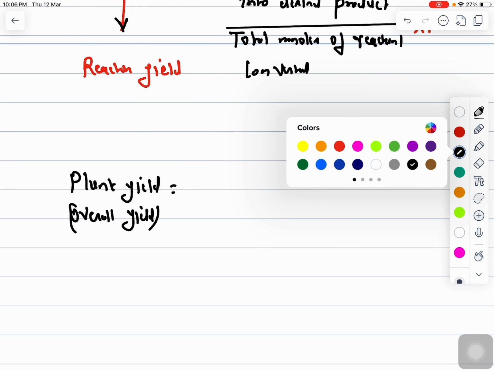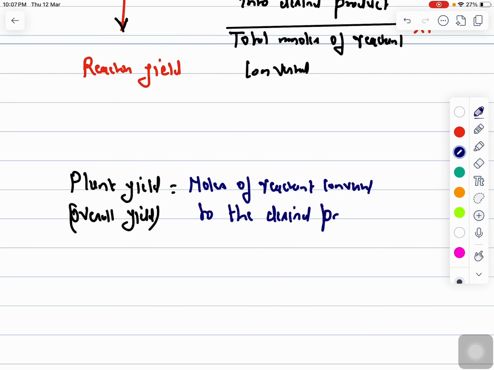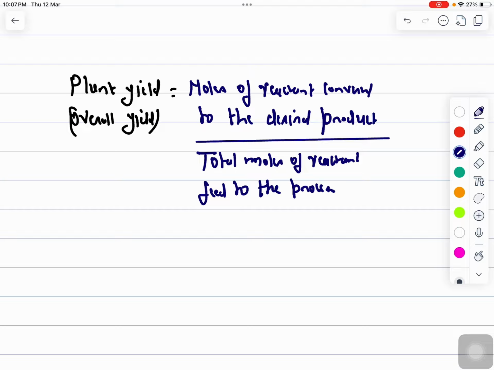That can be defined as the moles of reactant converted into desired product divided by total moles of reactant fed to the process, multiplied with 100.